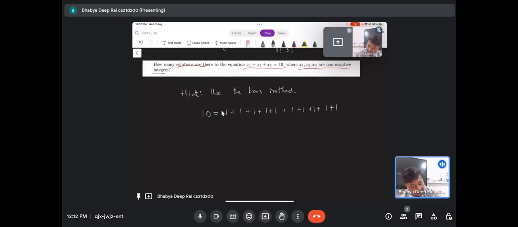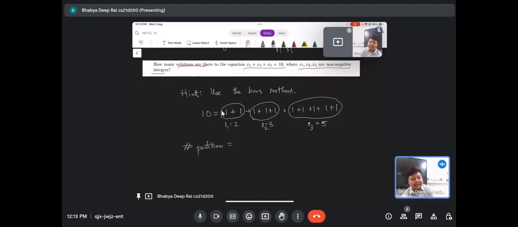Now all you have to do is partition these ones. This is my x1, this is my x2, this is my x3. So x1 equals 2, x2 equals 3, and x3 equals 5. Similarly, I can partition them in different ways. What is my number of partitions?